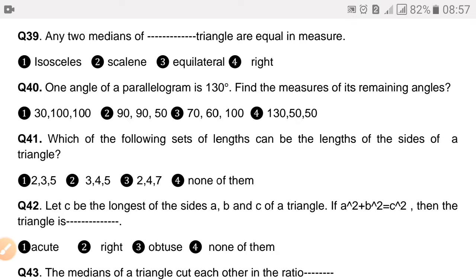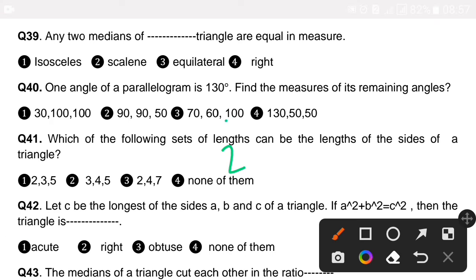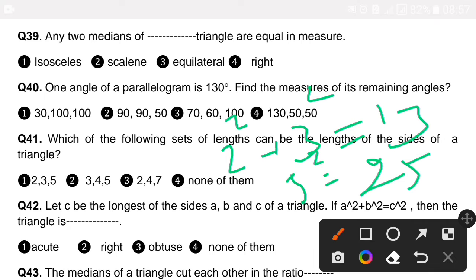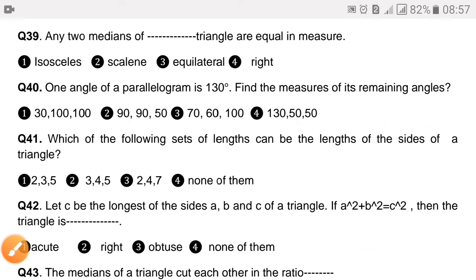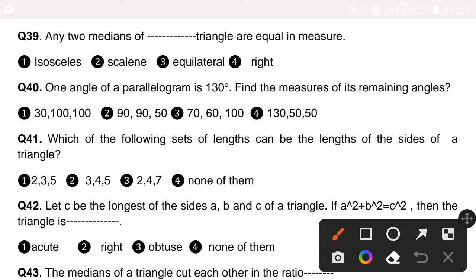Okay, let's try this. The first one is 2, 3, 5. So 2 squared plus 3 squared is 4 plus 9, which is 13, and 5 squared is 25. So 13 is not equal to 25, so they are not the sides of the triangle. The second is 3, 4, 5.